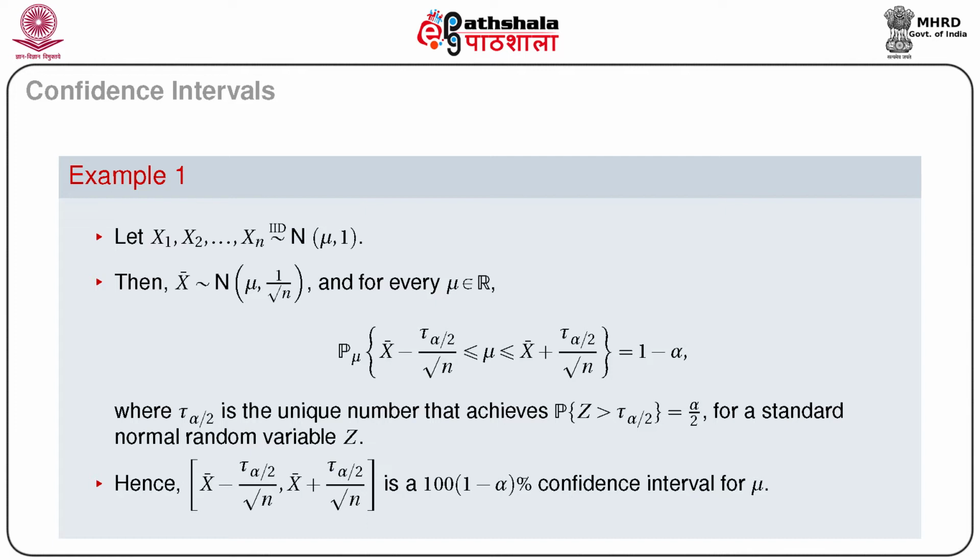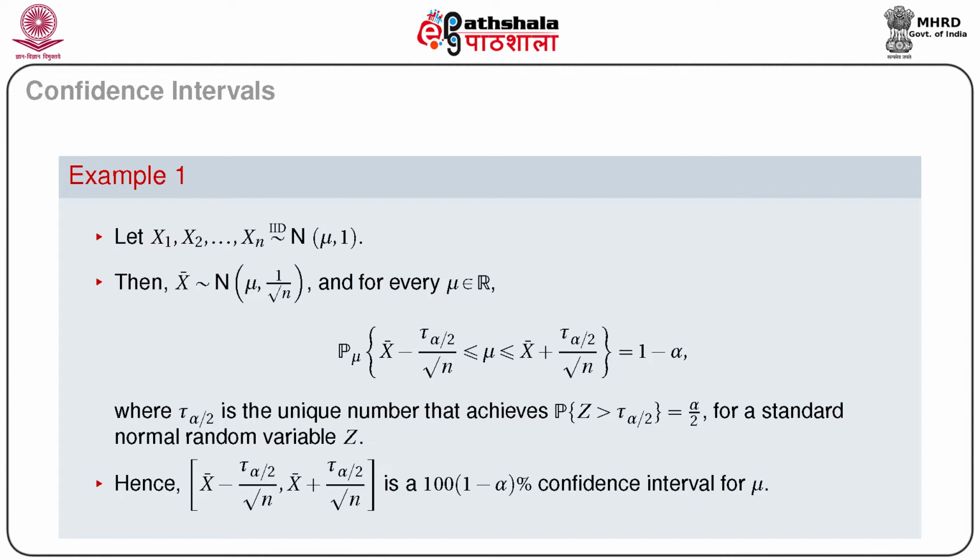Hence, by interchanging sides, we get P_mu(x bar − tau_{alpha/2}/root n ≤ mu ≤ x bar + tau_{alpha/2}/root n) = 1 − alpha for all mu.